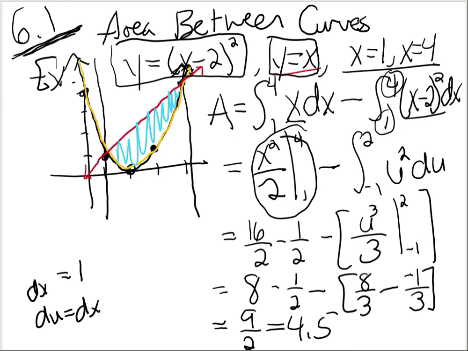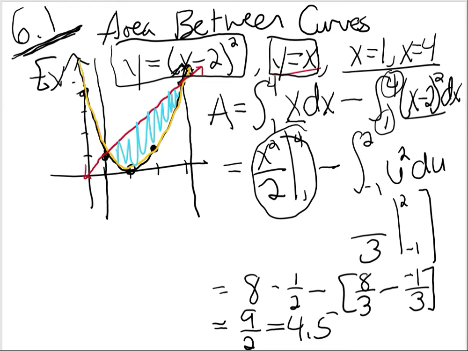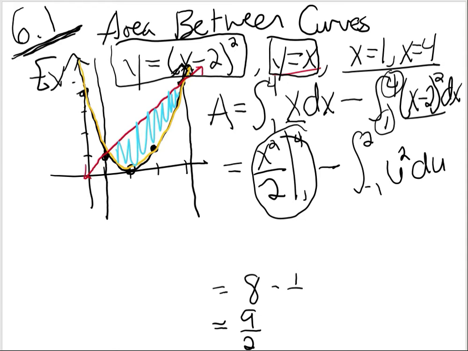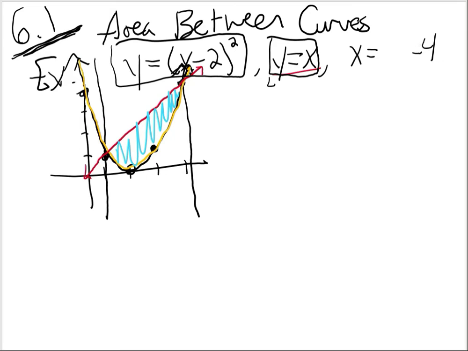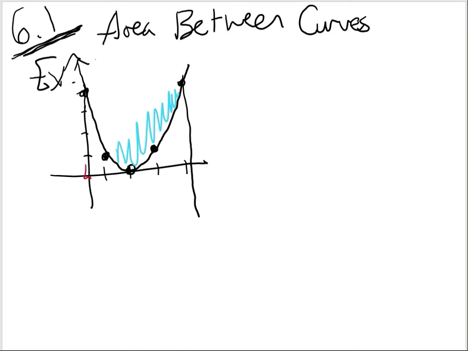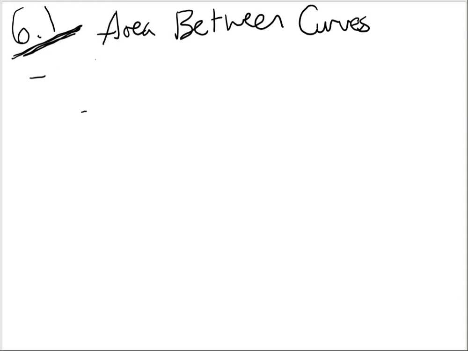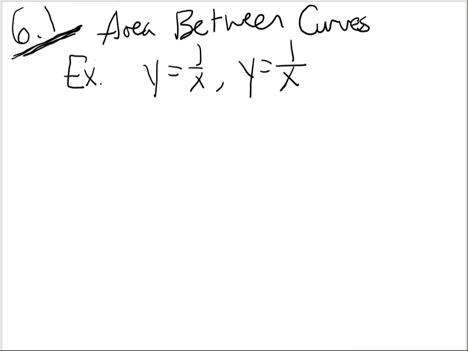Okay, so let's do more examples. I'm going to want to look at the area bounded between y equals 1 over x, y equals 1 over x squared, and x equals 2.